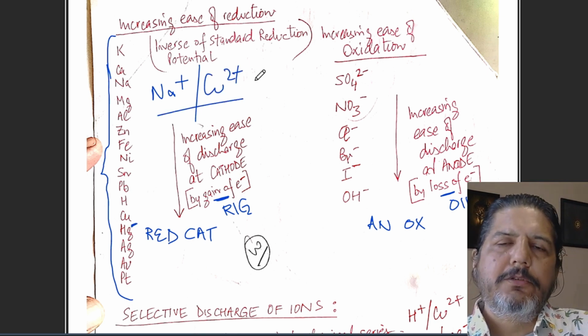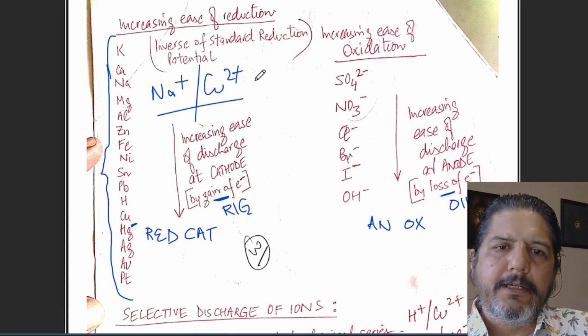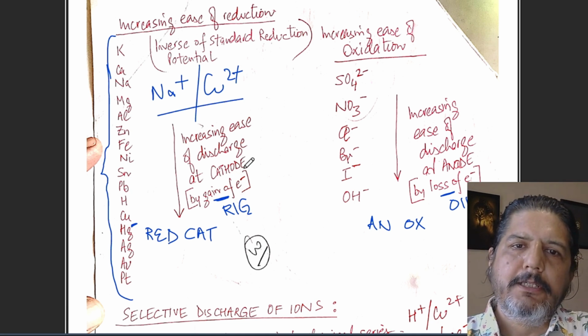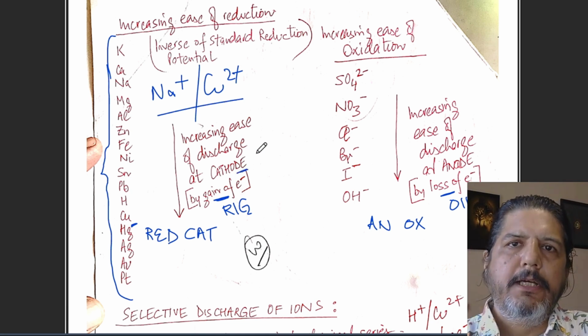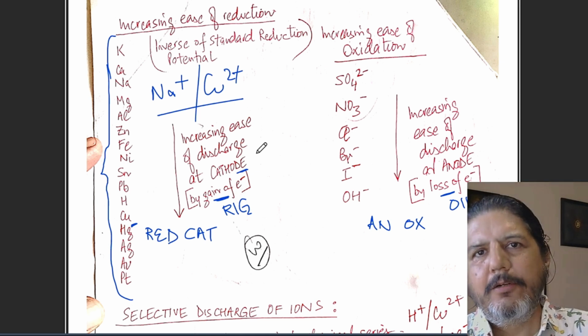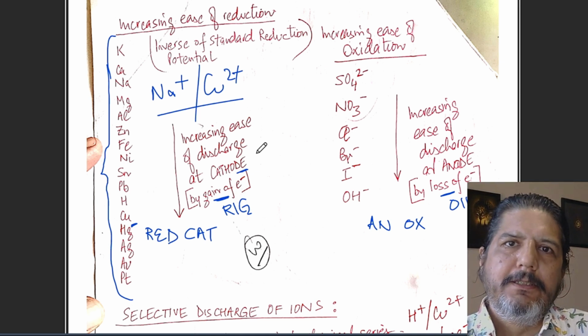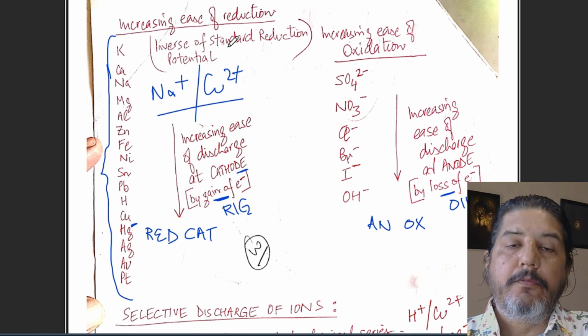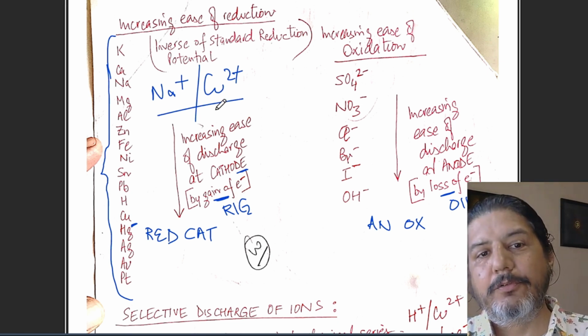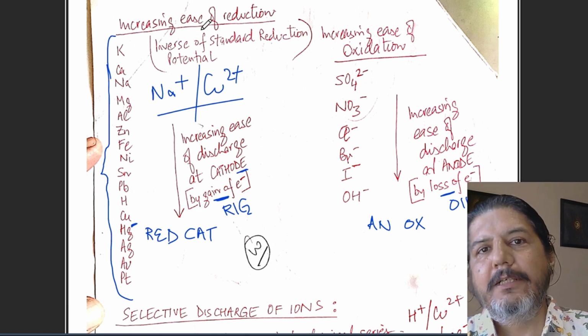These cations will get attracted to the cathode, that is the negative electrode. When they are going to discharge, which one will get preference? We'll see examples. It depends upon the increasing ease of reduction.